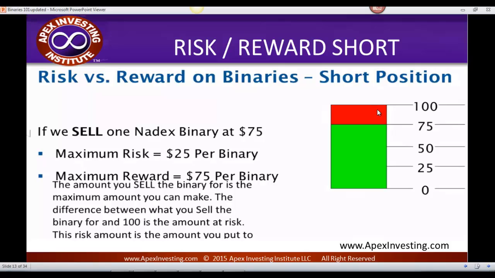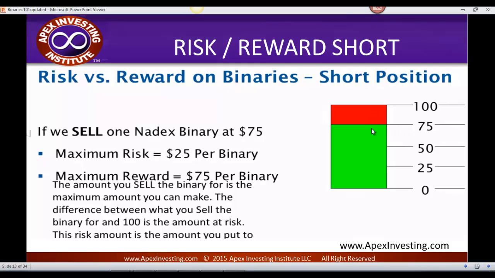A second ago, if we bought one for $75, that was our risk. Now, if we sold one for $75, our risk is only $25, because the amount you sell a binary for is the maximum you can make. The difference between what you sell the binary for and $100 is the amount at risk.